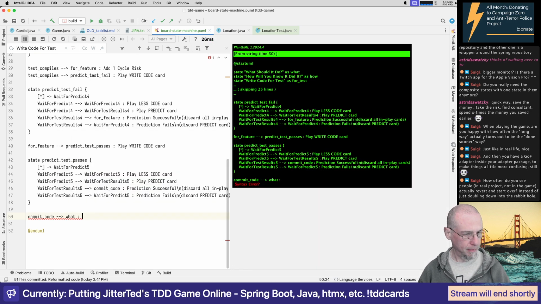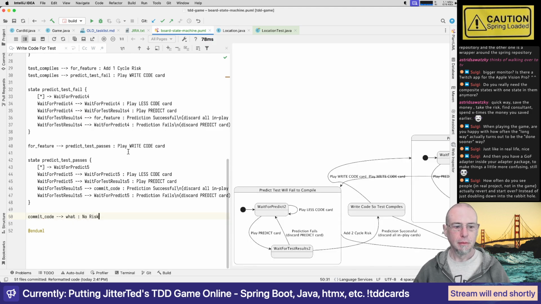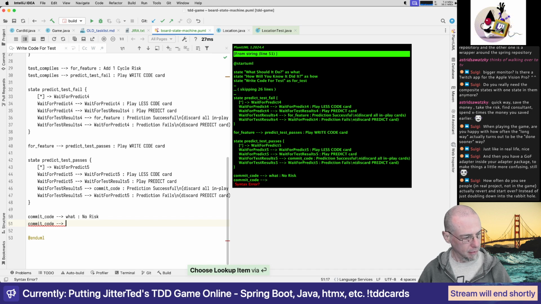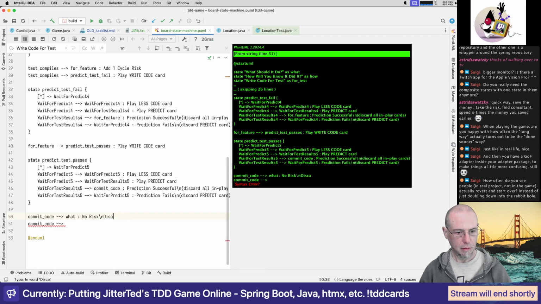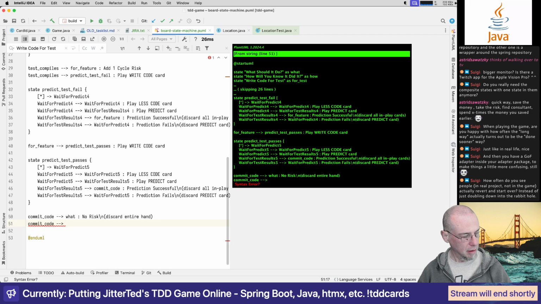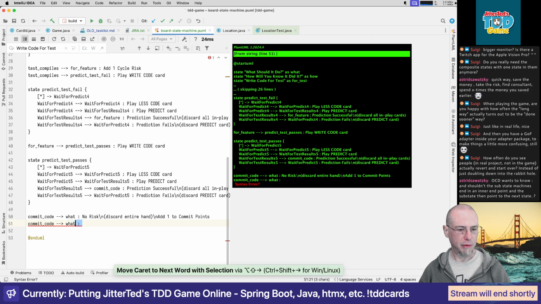By doing, if there's no risk, and you discard entire hand. Actually, I think there is a substate for this risk.